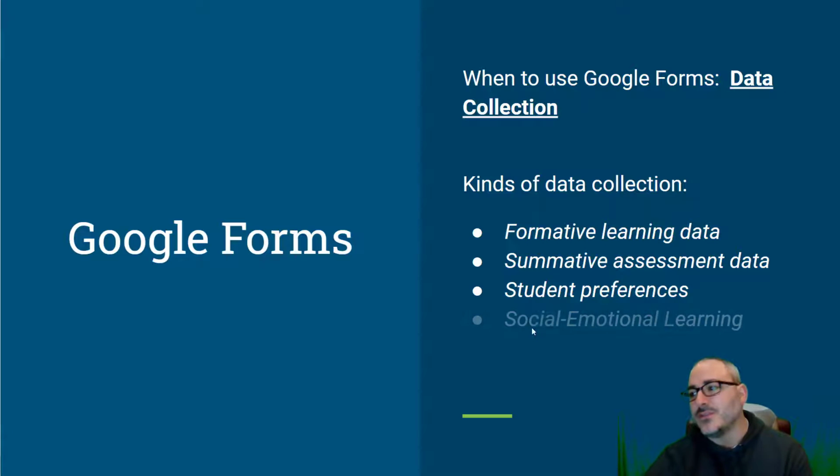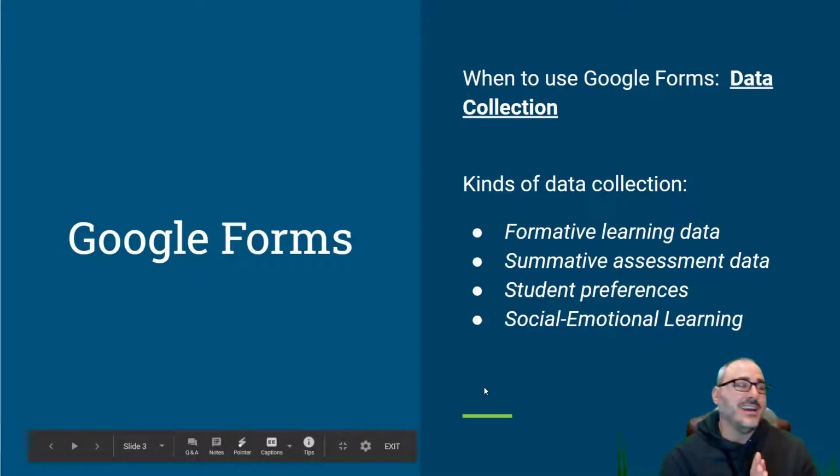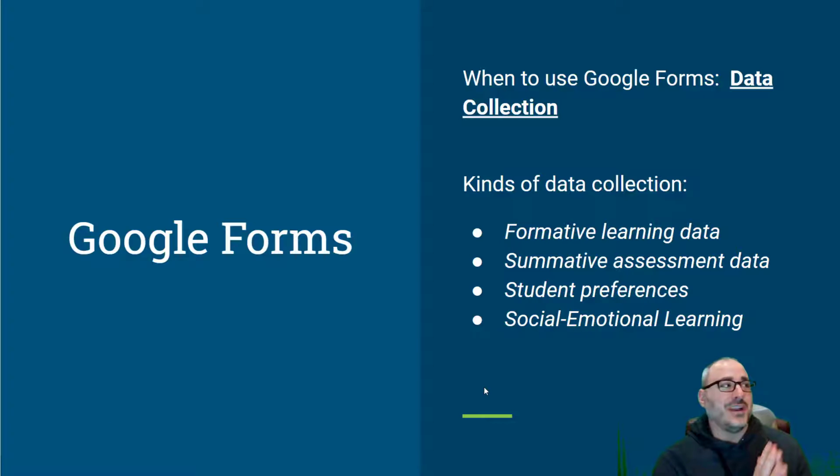I have also used Google Forms for social emotional learning. Things like would you rather? I'll create like 10 would you rather questions. And then the nice thing about Google Forms is after every student has answered the Google Form, I can go and show and share with the students the analysis portion of a Google Form, where all the responses are anonymous, like you can't see who said what, but all the responses are collected together, so you can see what percentage of the class would rather do this rather than that, right?